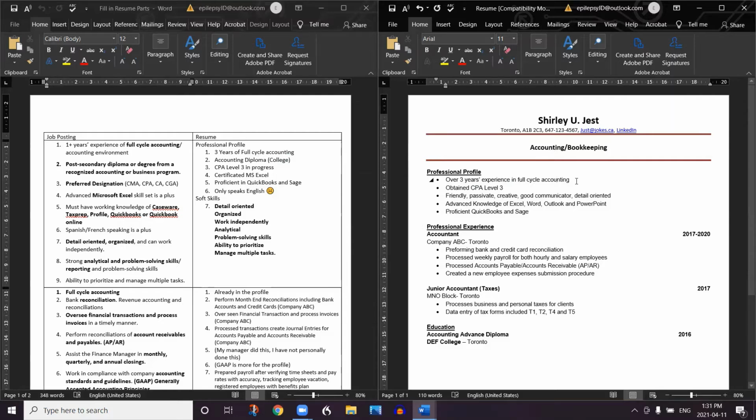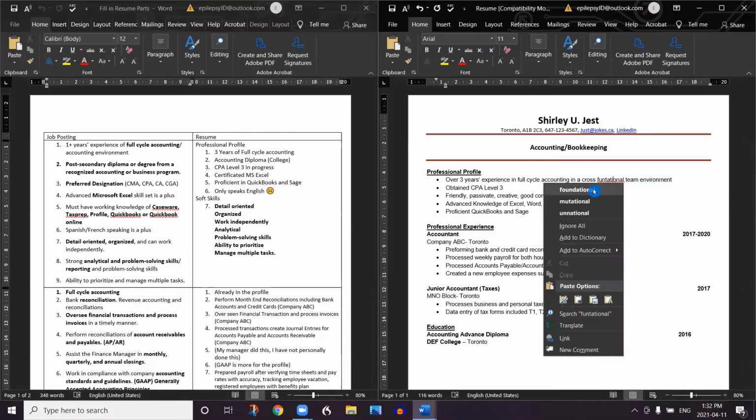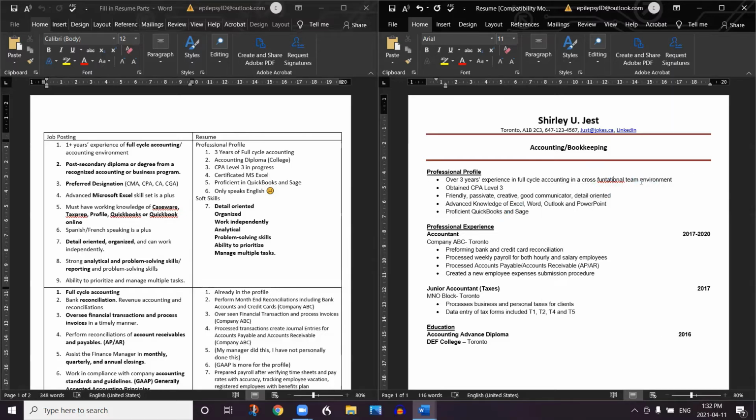So they're part of a cross-functional team. Already we've identified teamwork, and we've even identified the type of team that they were on. So we've already included one of the soft skills in there.